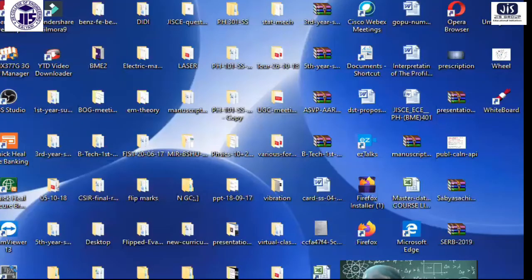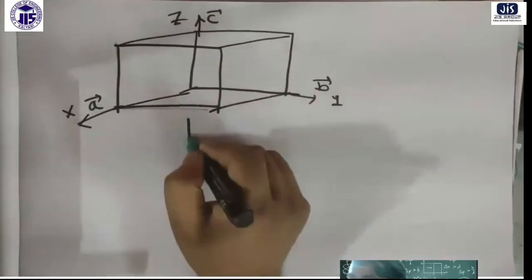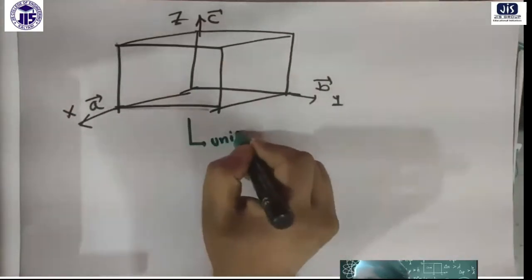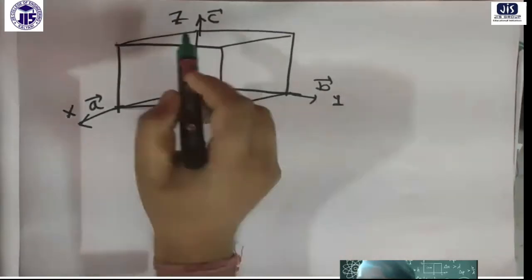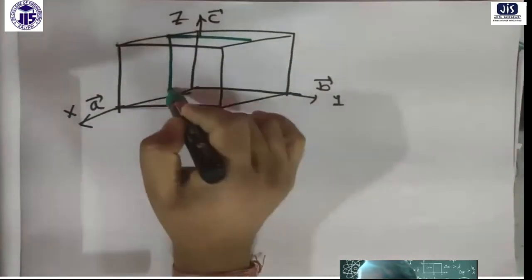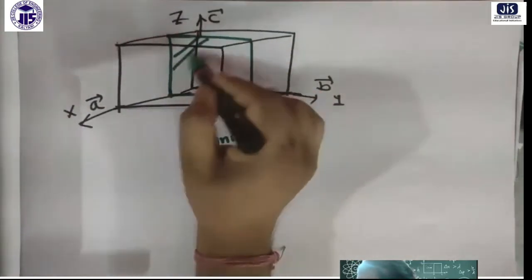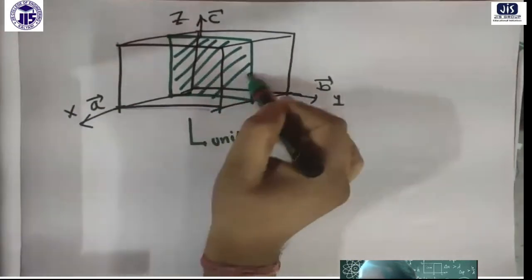This x direction has translational vector A, the y direction is given translational vector B, and this is my unit cell, so vector C. Now this is a plane I am asked to define, this green colored plane.